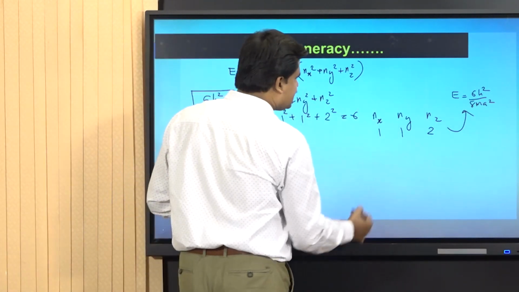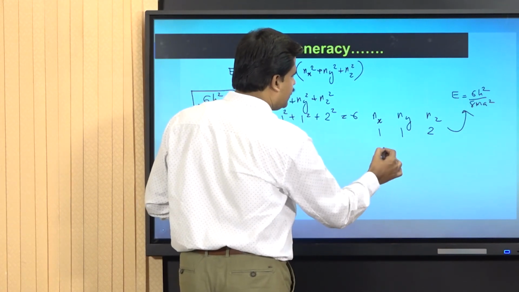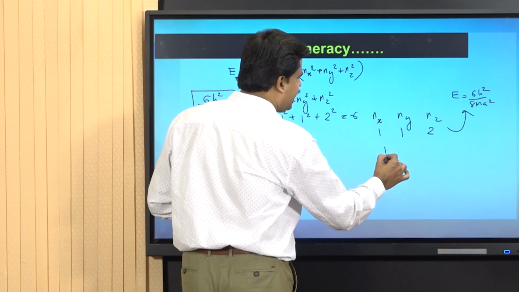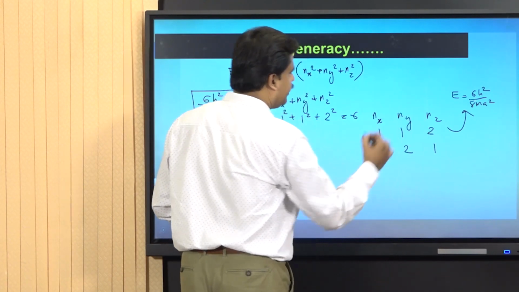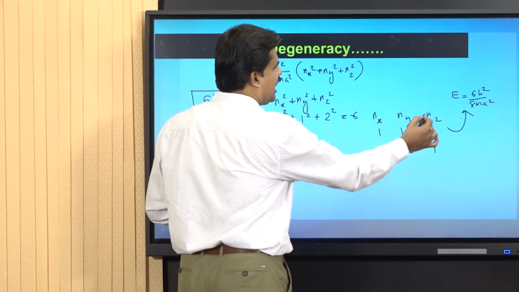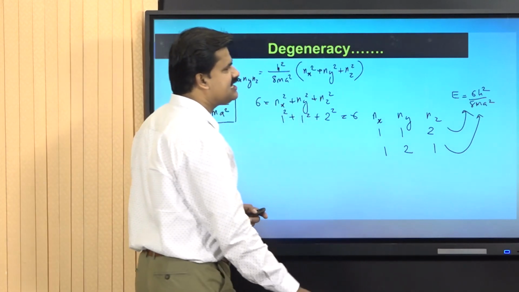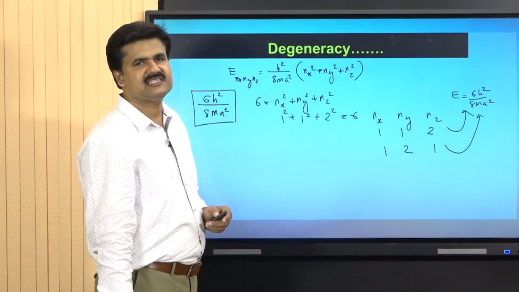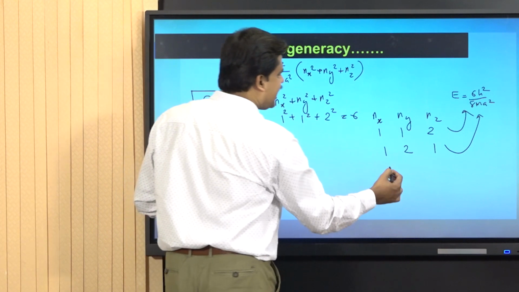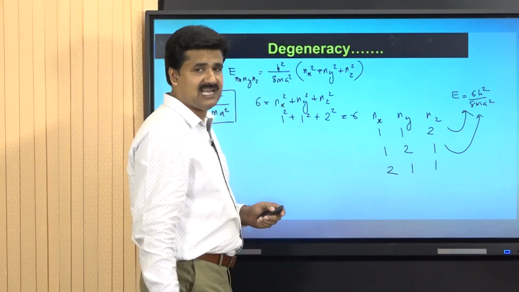If I interchange the quantum numbers, if I put 1, 2, 1, that is nx equal to 1, ny equal to 2 and nz equal to 1, again I will get the energy 6h square divided by 8ma square. And as a last chance, 2, 1, 1 is another arrangement.